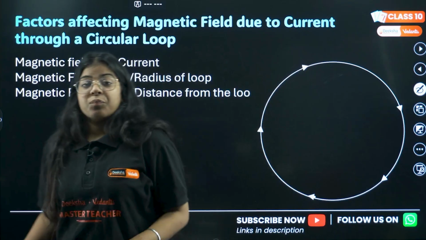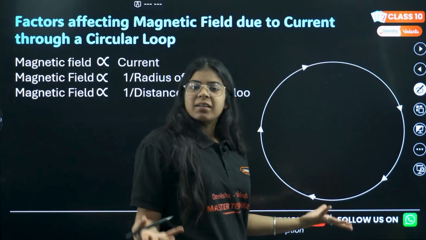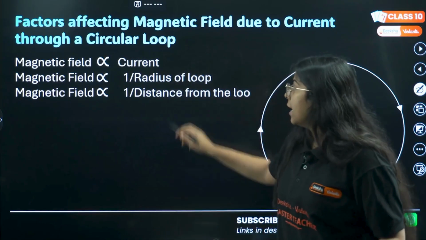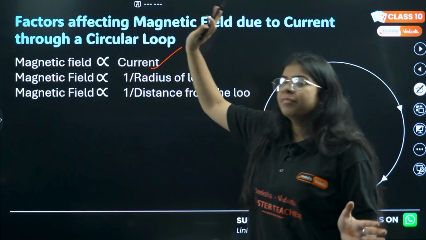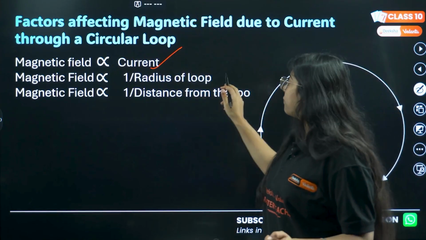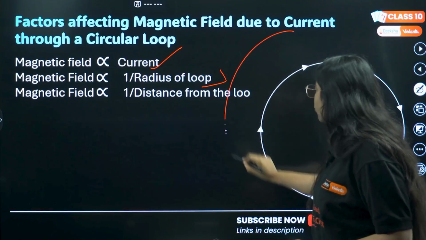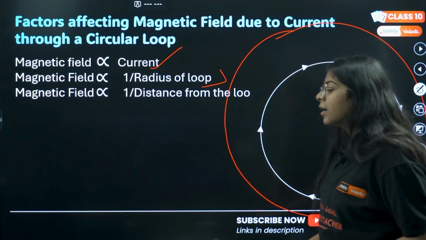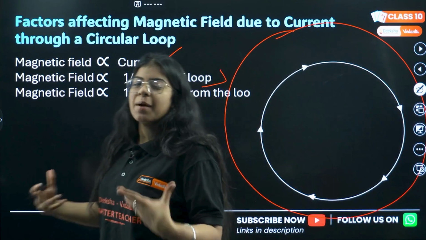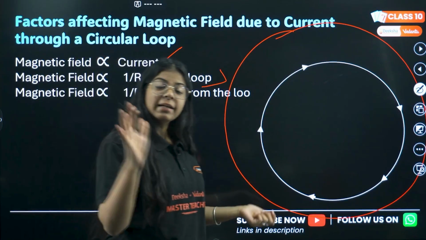Again, now we need to know what are the factors affecting this. Of course, again, if the current increases, my magnetic field strength will increase. If I increase the radius of my loop, instead of this small loop, the magnetic field strength will decrease.